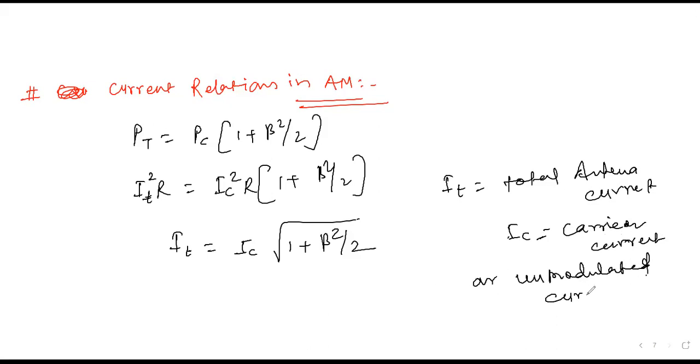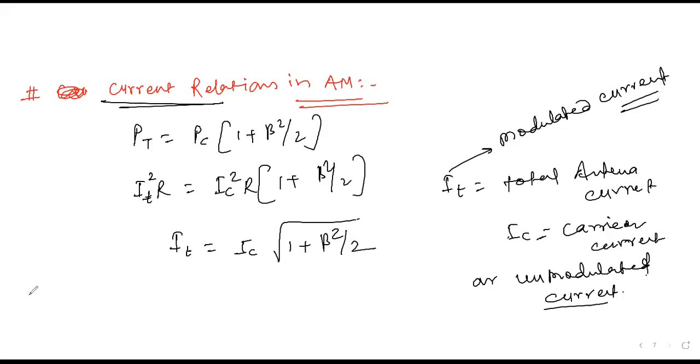Unmodulated current. Okay, got it? And this is called modulated current. So that's the difference between modulated and unmodulated current. So this is the current relationship in your AM. Same as the voltage relationship: VT equal to VC under root 1 plus beta square by 2.